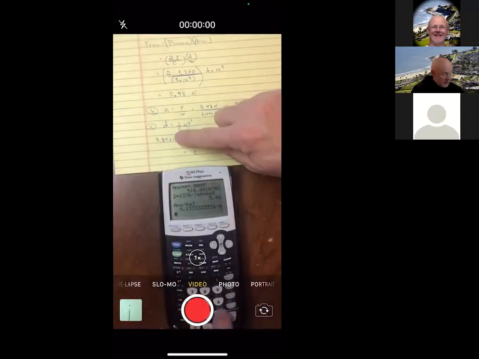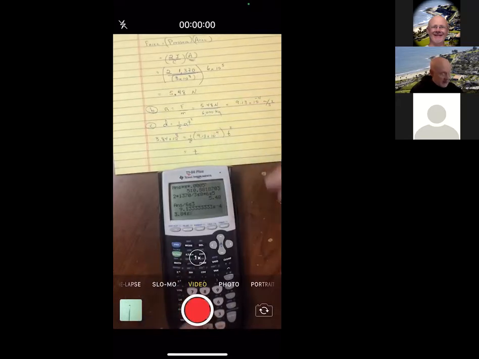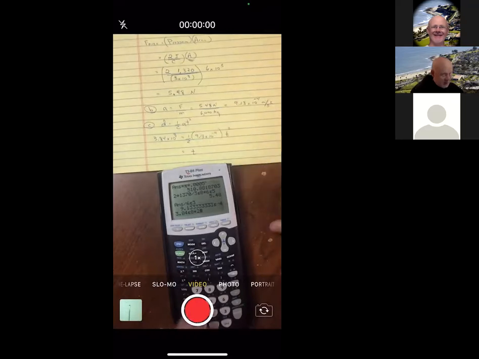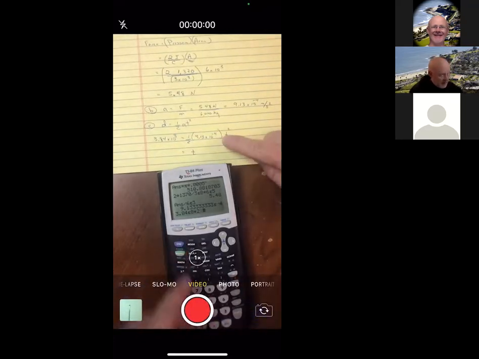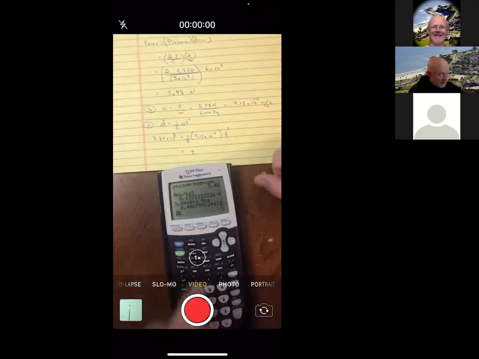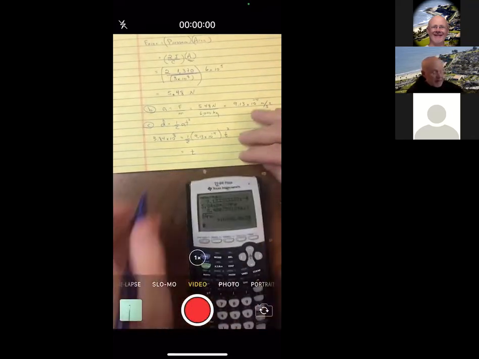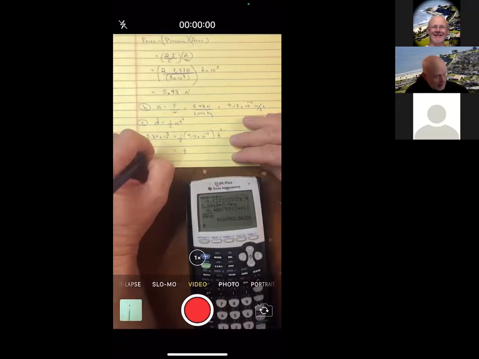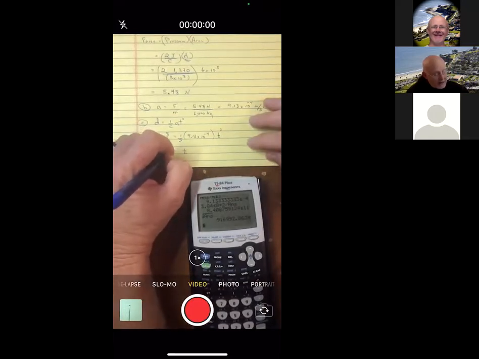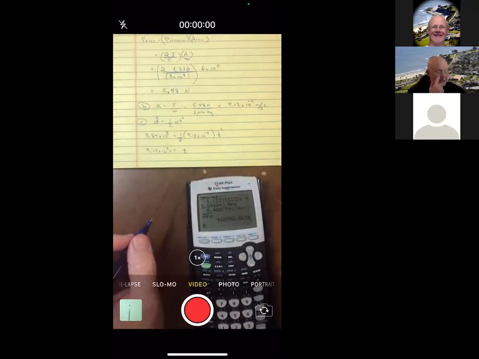So 3.84 times 10 to the 8th for the distance times 2 divided by my last answer, because that's the acceleration, enter. That'd be time squared. Take the square root of all of that, and we're looking at about 9.17 times 10 to the 5 seconds.